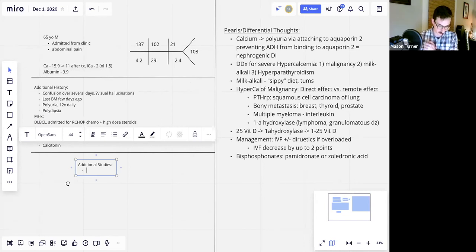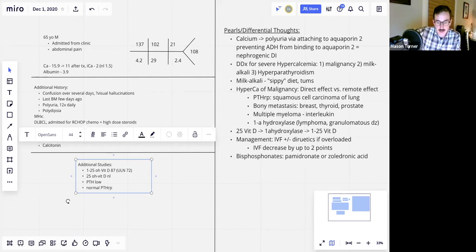And it was at that time 87, the upper limit of normal being 72. And then the other studies, as expected, were normal, with a normal 25 OH vitamin D, a relatively low PTH, and no elevation in PTH related peptide.